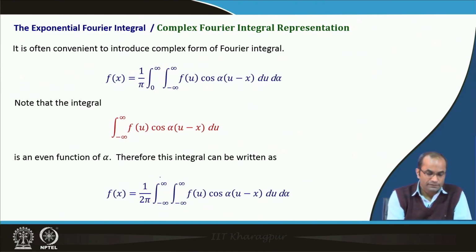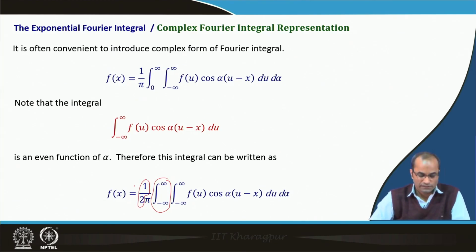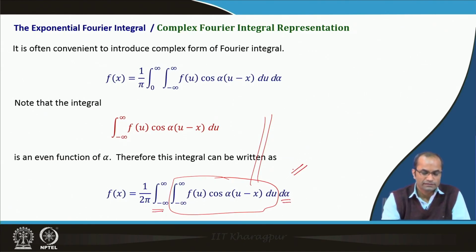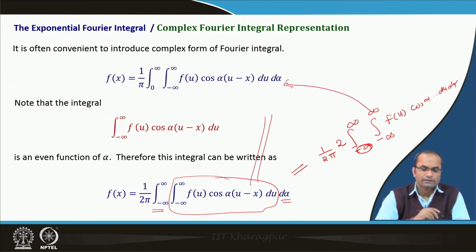To compensate for this, because we have doubled the integral, we have put 1 over 2 outside. Or the other way around, we can think of it as: since this integrand is an even function being integrated from minus infinity to plus infinity, it can be written as 1 over 2 pi times 2 times the integral from 0 to infinity, which is exactly this integral.